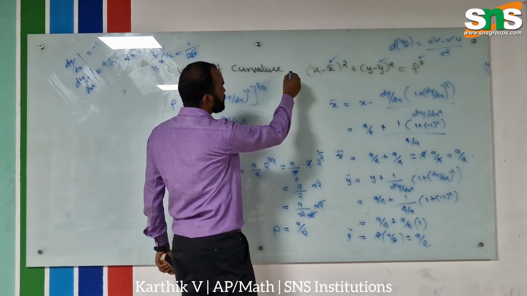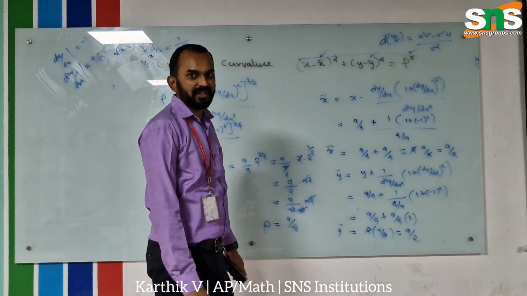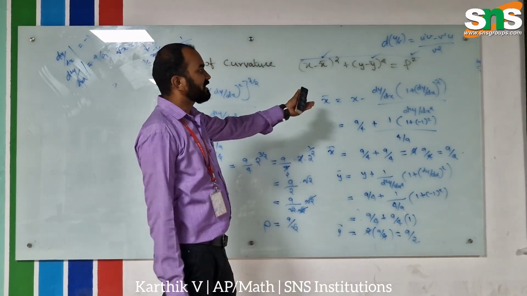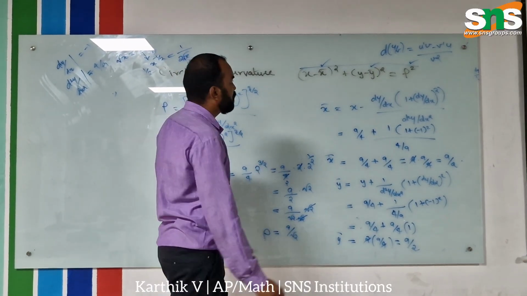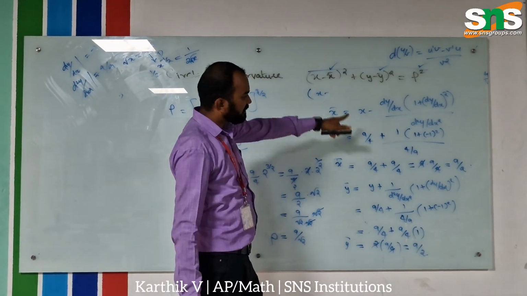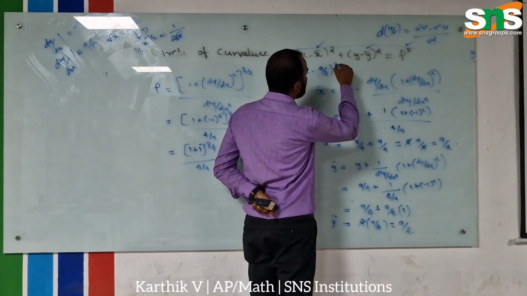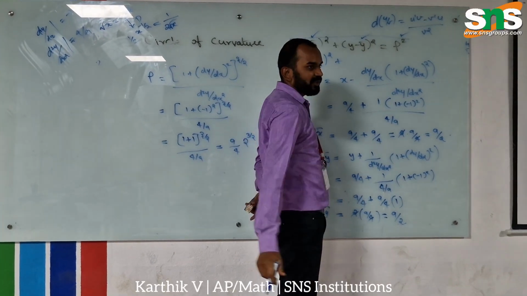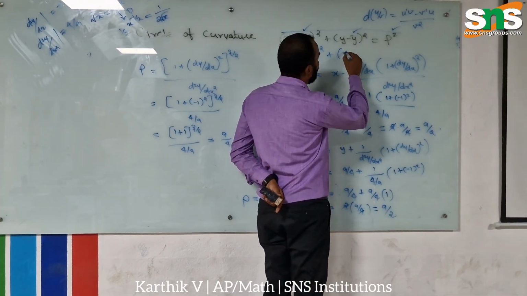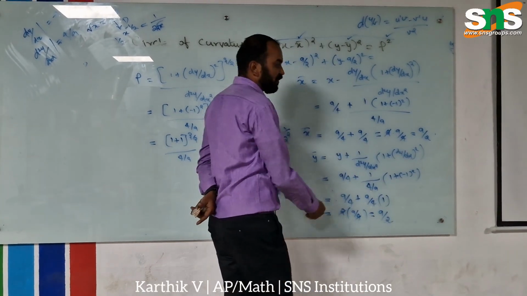Our circle of curvature formula is x minus x bar whole square plus y minus y bar whole square equals rho square. Replace x bar, y bar and rho values in the above equation. That is x minus a by 2 whole square plus y minus a by 2 whole square equals rho square.